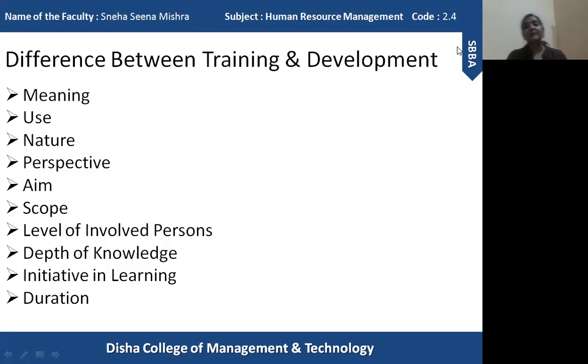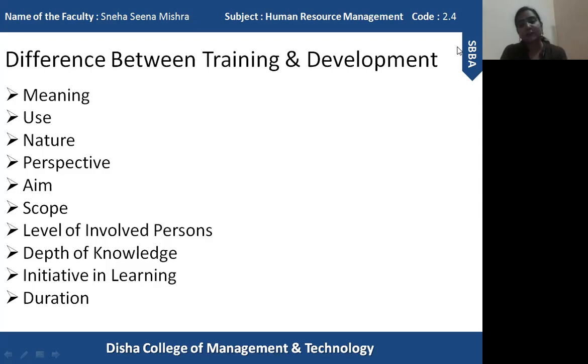The next one is depth of knowledge. Now training being a part of a specific job, it is very necessary to provide in-depth knowledge regarding a particular job. So training provides a high level of knowledge, in-depth knowledge in the employee, so that they can do their job more efficiently. But development doesn't focus only on knowledge.